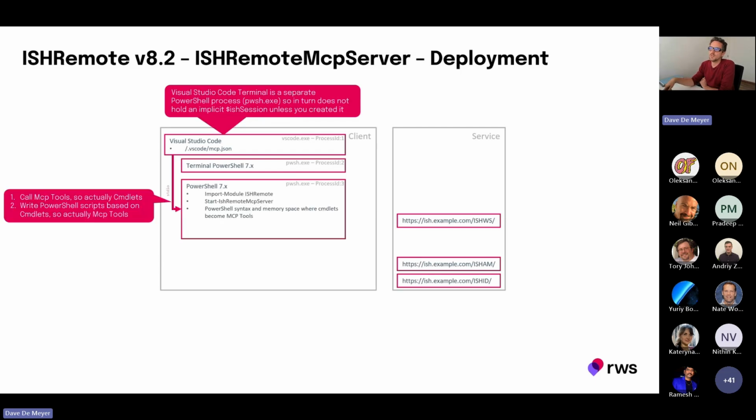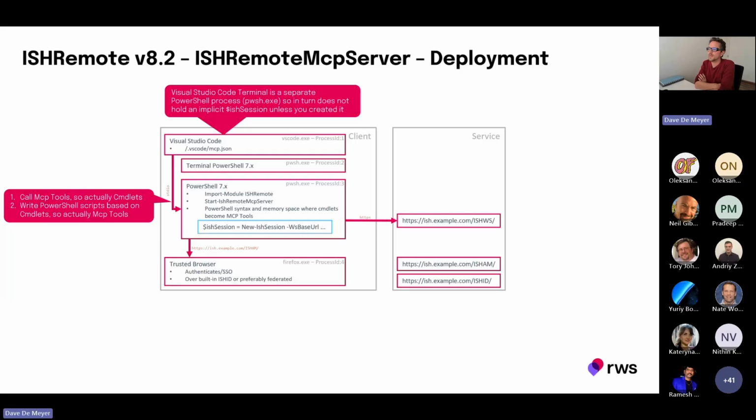If we then press start on the MCP server, an extra PowerShell is started, process ID 3, and that's where the MCP server will run and listen for commands coming from the LLM, the large language model.